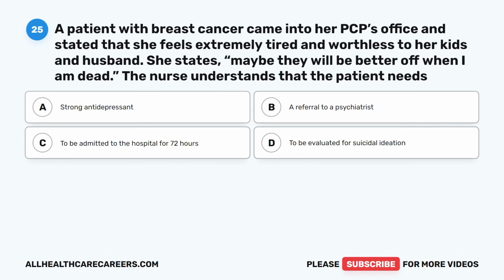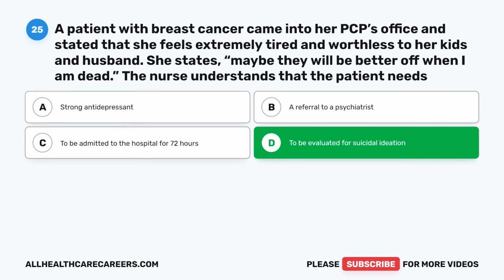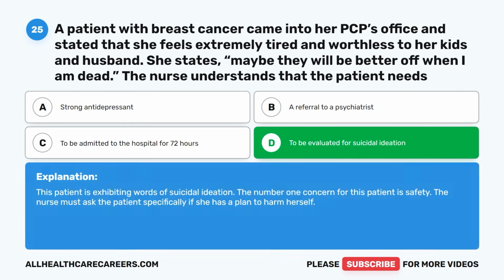D. To be evaluated for suicidal ideation. The correct answer is D. To be evaluated for suicidal ideation. This patient is exhibiting words of suicidal ideation. The number one concern for this patient is safety. The nurse must ask the patient specifically if she has a plan to harm herself.